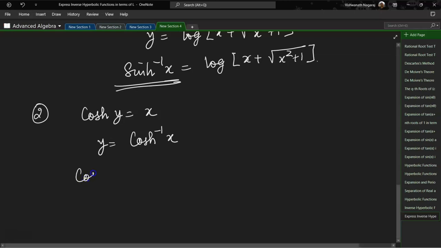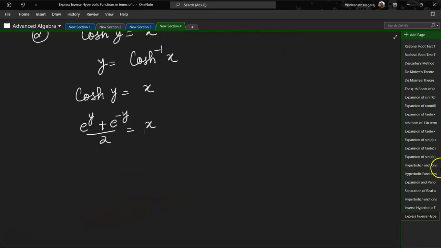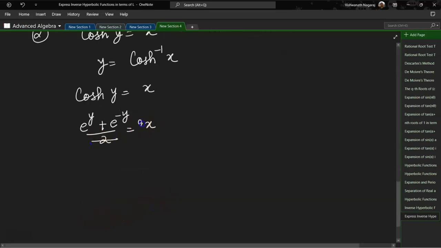So let's proceed. Hyperbolic cos y equal to x. With x itself we can't do much, but as far as hyperbolic cos is concerned, we can write it in exponential values. So we know this is nothing but (e to the power of y plus e to the power of minus y) by 2 equal to x. Okay, this 2 can be taken to the other side.